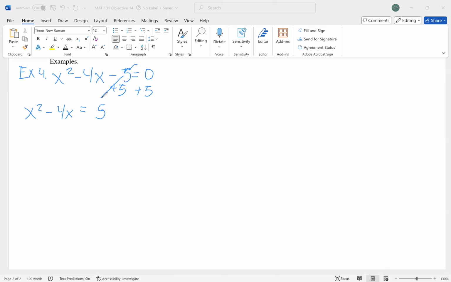Now, I need to find what I'm going to plug in right here and right here. And to do that, I'm going to come over here and do 1/2 times the coefficient of x.